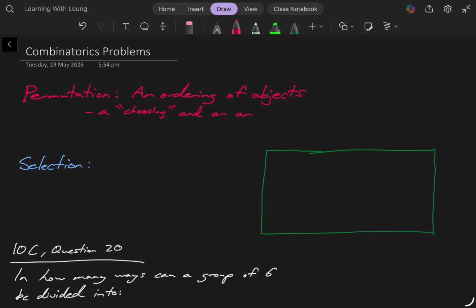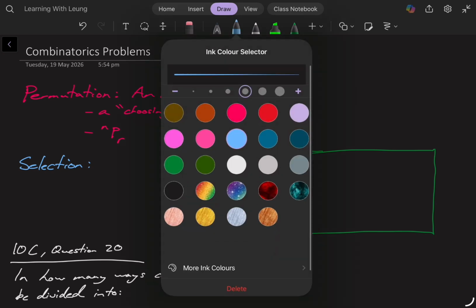And an ordering or an arranging, which is why you might see permutation stated as arrangement. That is, I'm going to choose some stuff and then I'm going to actually arrange it, right? This one is usually represented by NPR. Cool? Permutation, two steps, choose and arrange.